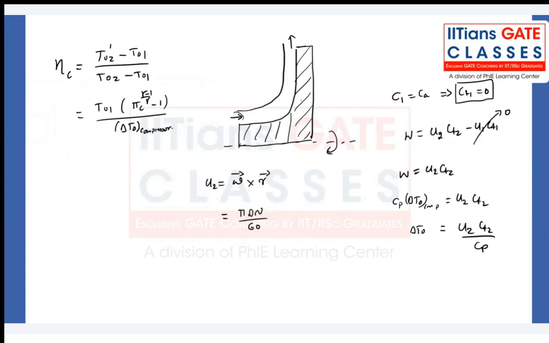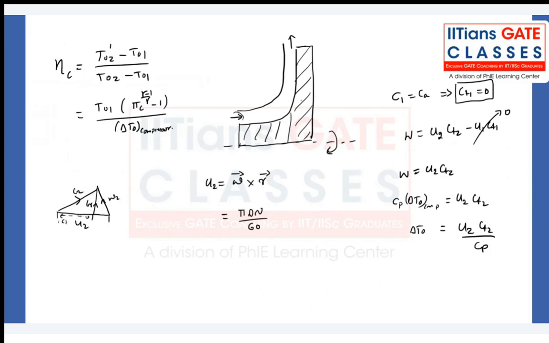U2 CT2, if the slip factor is given to us, what do we mean by a slip factor? If I draw the exit velocity triangle, my U2, CR, C2, and this is the relative velocity at the exit, and this is CT2.